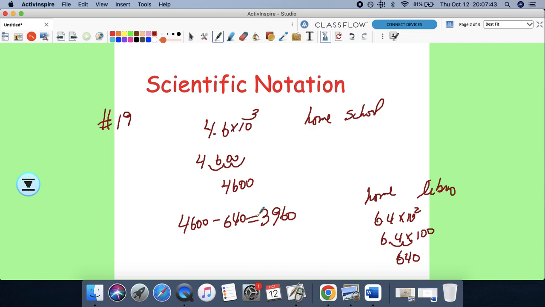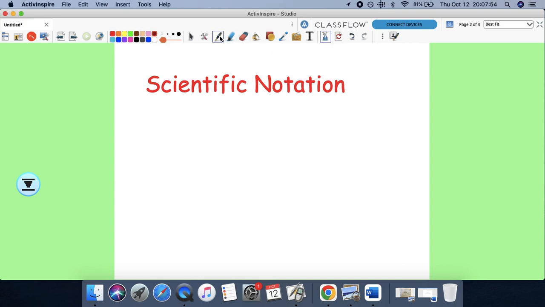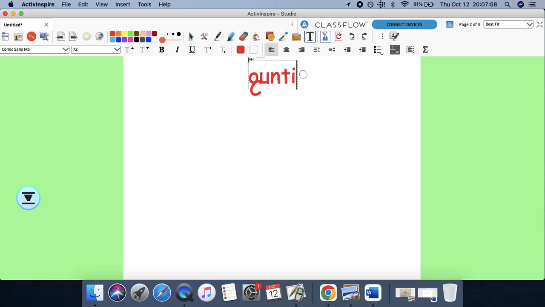What is next? Counting principle. Where is the counting? Oh, it's right next, the next section. Okay, that's easy. Let me change the title. I wonder if they meant it's.